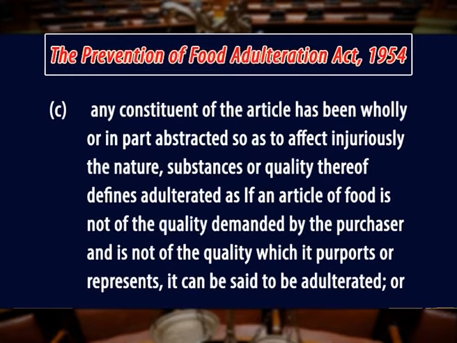It defines adulterated as: if an article of food is not of the quality demanded by the purchaser, and if not of the quality which it purports or represents, it can be said to be adulterated.